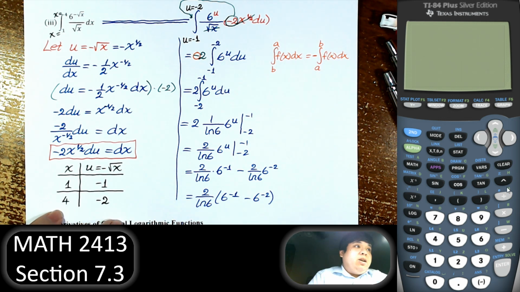Now let's check, because usually when we get the definite integral, we should check the answer. I recommend that you do. The integral of 6 to the power of negative square root of x over square root of x dx.